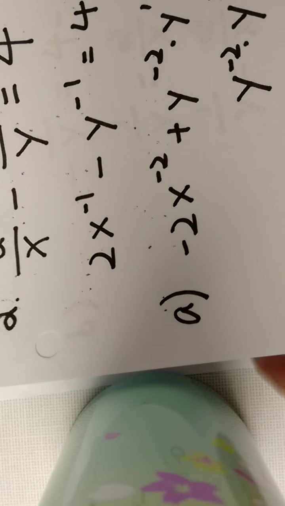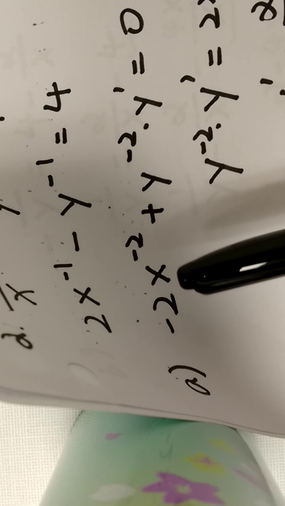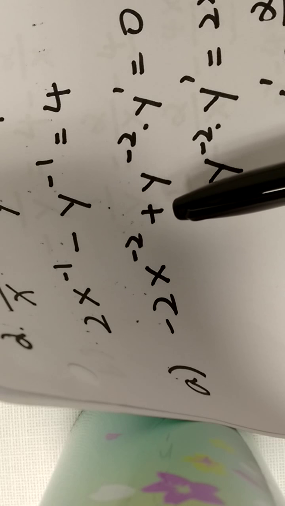Then we differentiate both sides, and it becomes minus 2 times x to the minus 2 plus y to the minus 2 times y prime equals 0. Then we move the x part to the right of the equation. Then we get y prime equals 2 times x to the minus 2 over y to the minus 2. And that is part A.